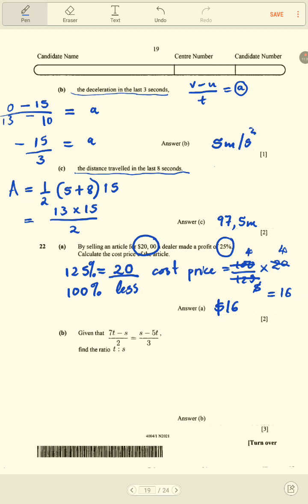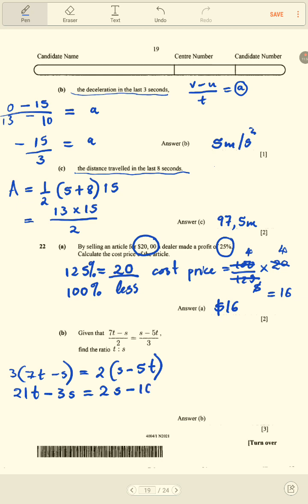So here, if we do cross multiplication, we're going to have 3 multiplying 7t minus s is equal to 2 multiplied by s minus 5t. If we remove the brackets, we're going to have 21t minus 3s is equal to 2s minus 10t.